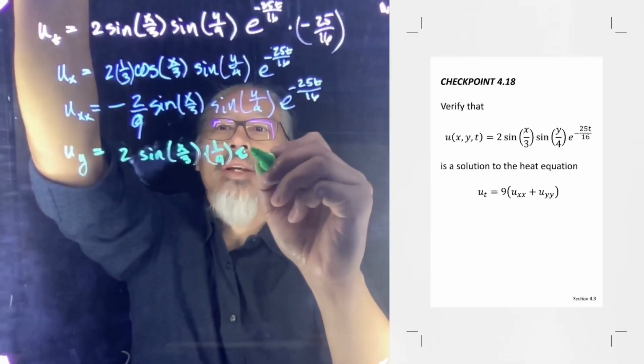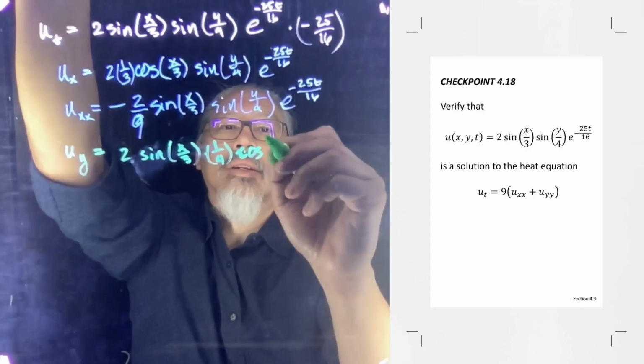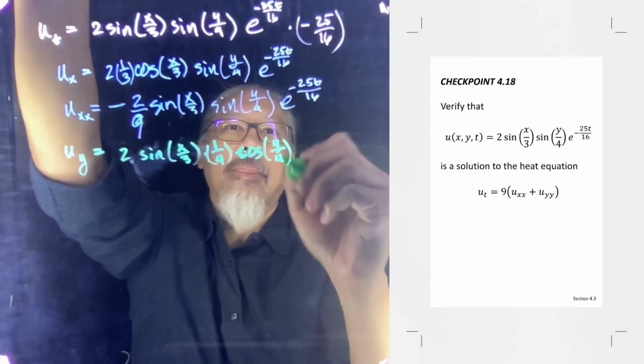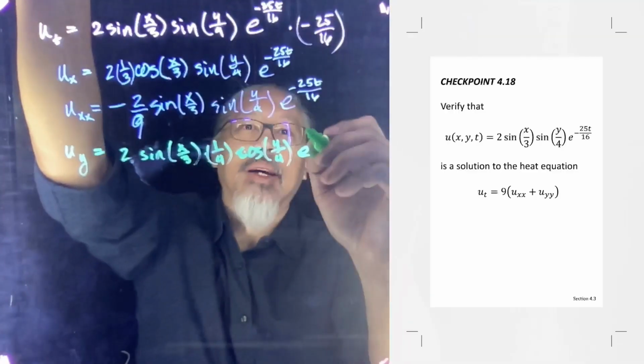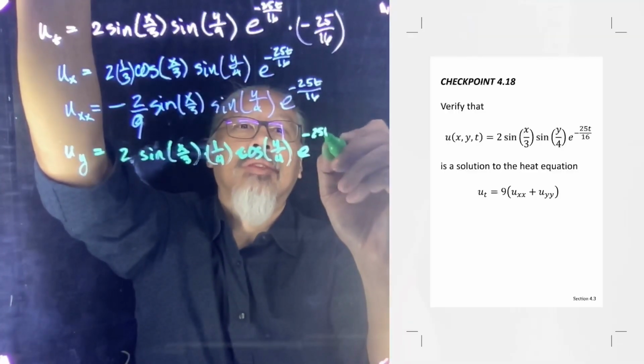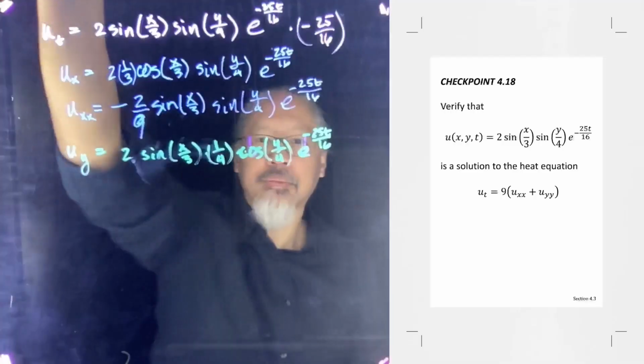The derivative of sine is cosine. And then we have the constant with respect to y, e to the negative 25t over 16.